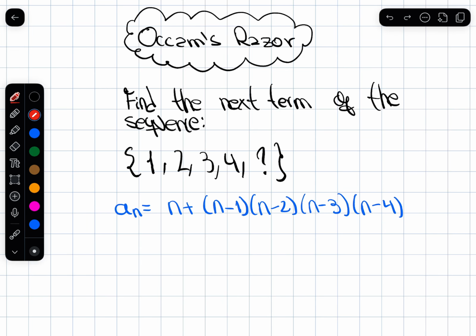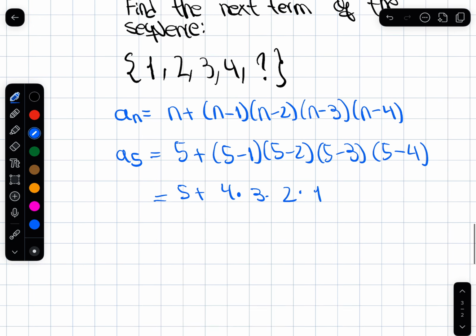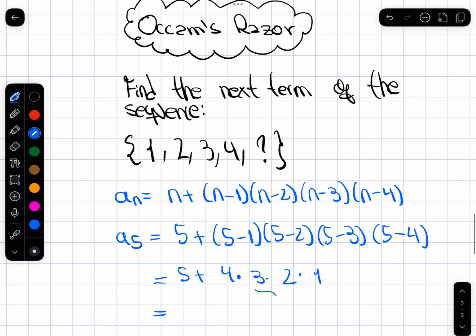So for n equals 1, n equals 2, n equals 3, n equals 4, this blue sequence here coincides with these. But if I plug in n equals 5, then I get 5 plus 5 minus 1, 5 minus 2, 5 minus 3, 5 minus 4. So this is in fact 4 times 3 times 2 times 1, okay, which will be 6 times 4, 24, plus 5, 29.